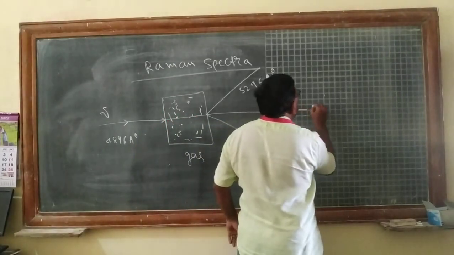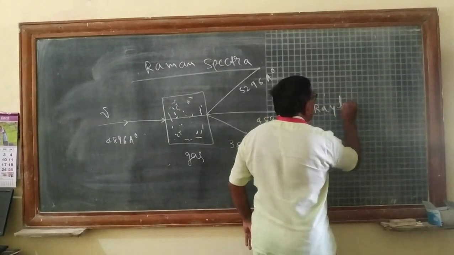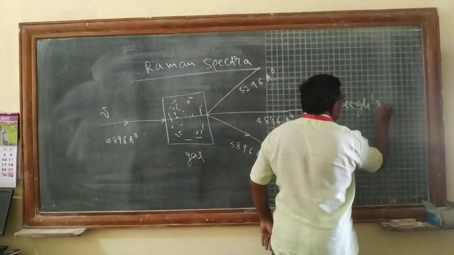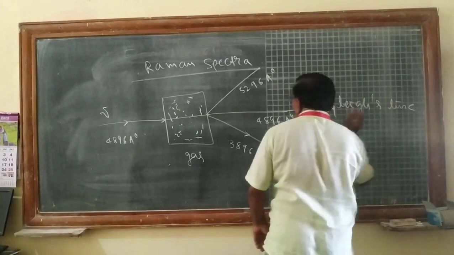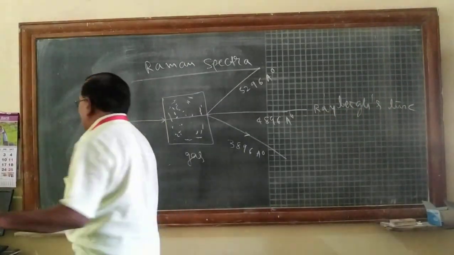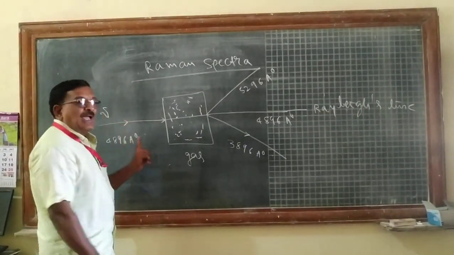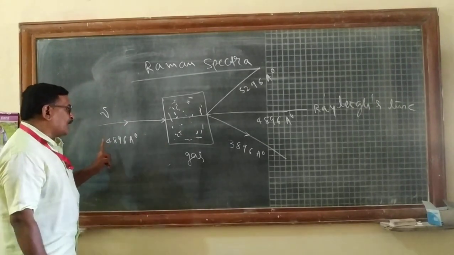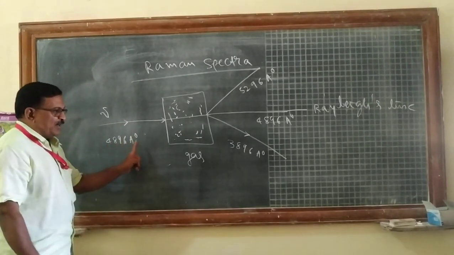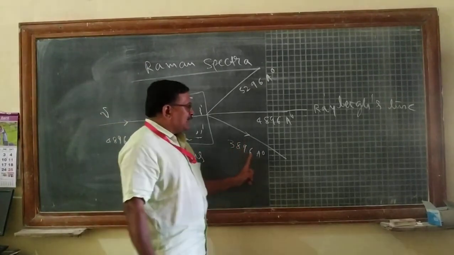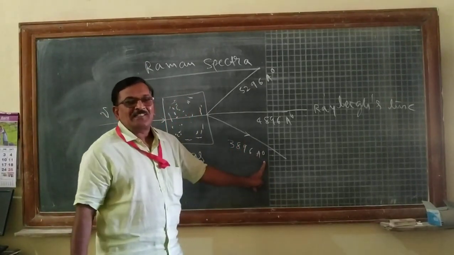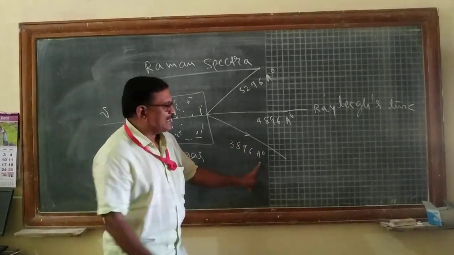This line is called Rayleigh's line. The second one: the incident light has 4896 angstrom, and this line has 3896 angstrom.